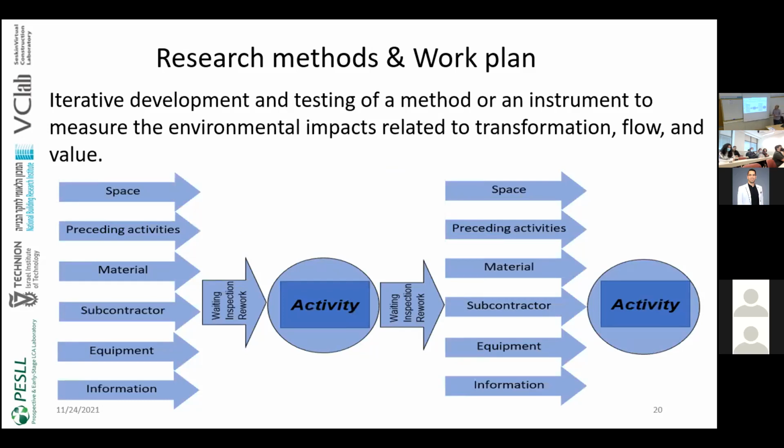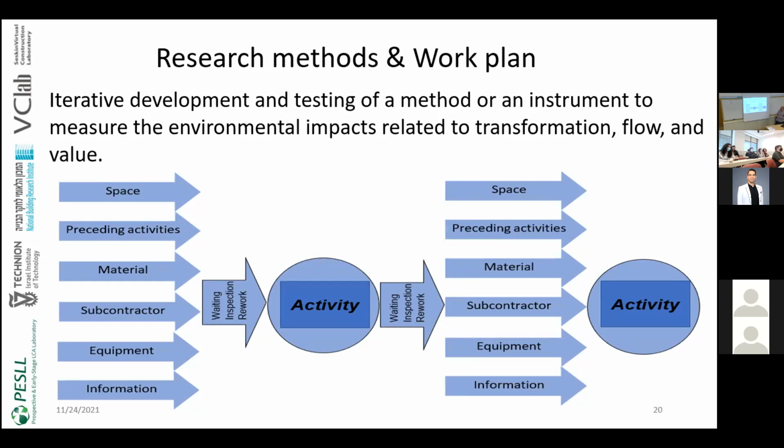We need to develop a method, so an iterative development and testing of a method or an instrument to capture all the greenhouse gases and to measure the environmental impacts related to the transformation, flow, and value. So if we look at this, we can see here the activity. Now, for each construction activity, there are many requirements you need to achieve.